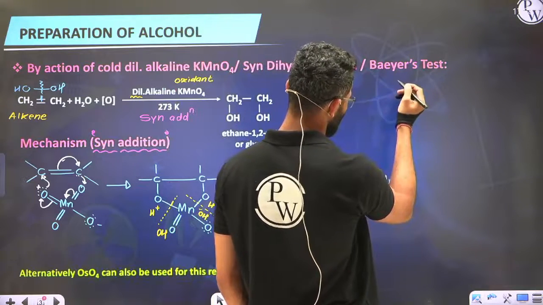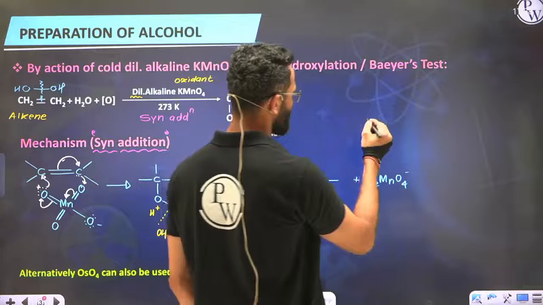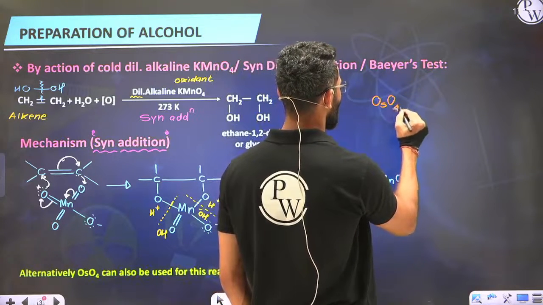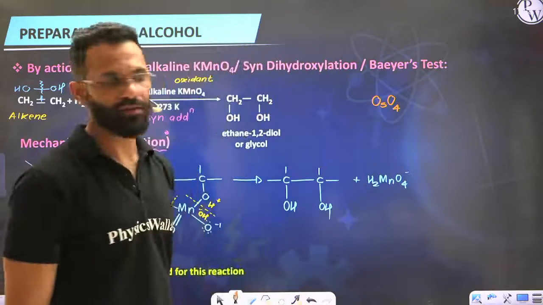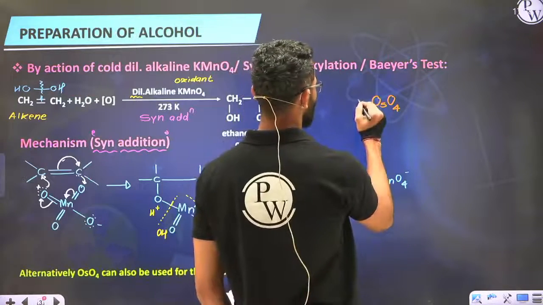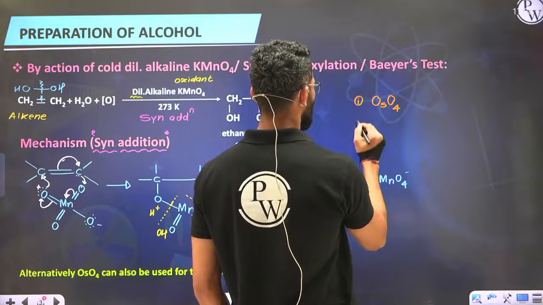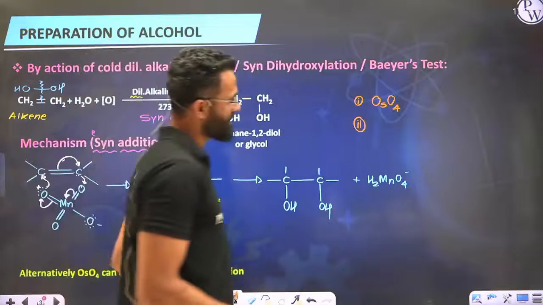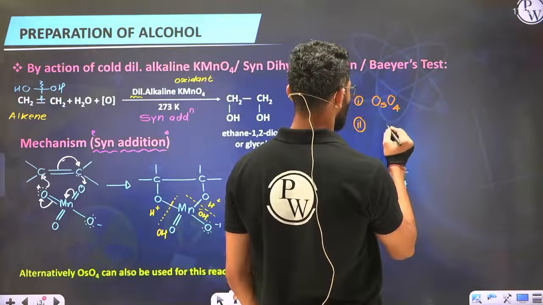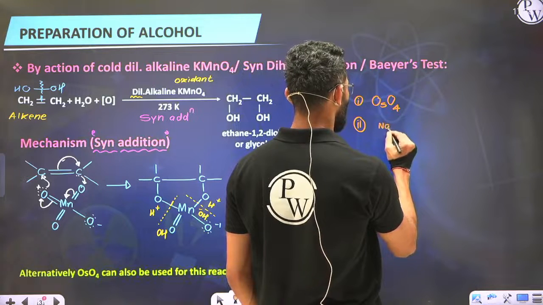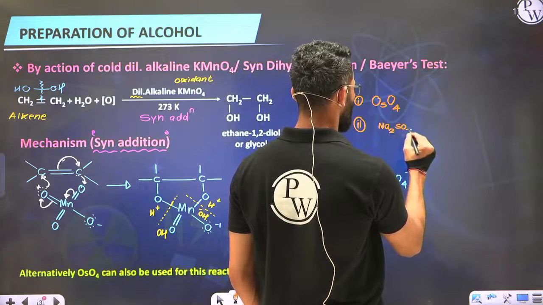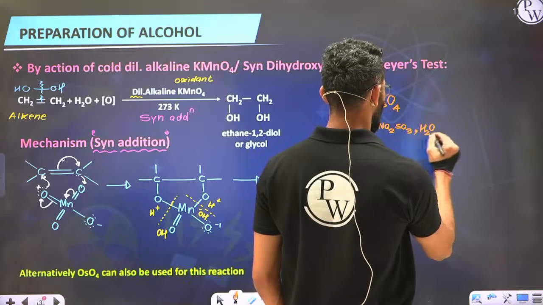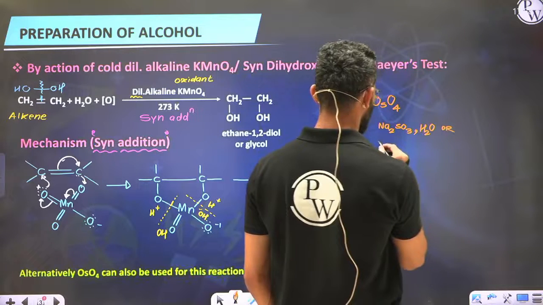So you'll always see, to an alkene, OsO4, osmium tetroxide will be used as a first condition. Once you get osmate ester, just like you got manganese ester, you'll be getting osmate ester, and that will be further treated with either sodium sulfite in water or sodium bisulfite in water.